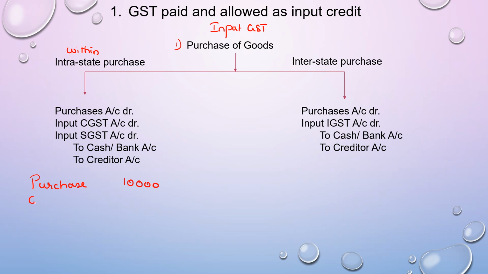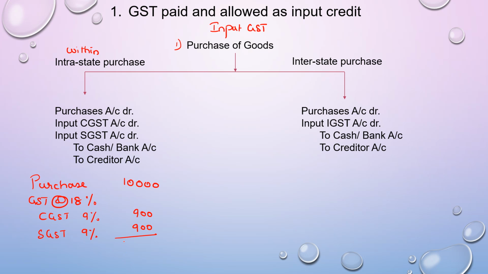Now if it is subject to GST at the rate of 18%, then being an intrastate purchase, the CGST would be 9%. That would be 9% of the taxable value of 10,000. That would be 900. And SGST at the rate of 9%. That would also be 900.